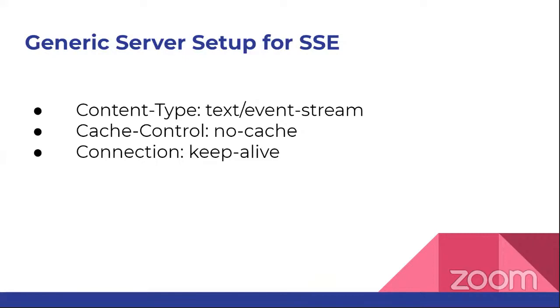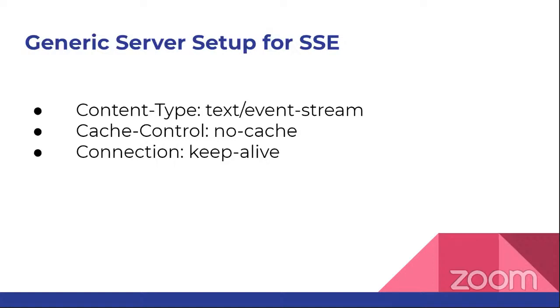So one of the beauties with server side events is that they can be implemented in any framework, right? So if you look at any framework like Flask or Node Express or Node.js or Python or Ruby or Golang, the only thing you need to do on the server end is basically set these three parameters in the header.